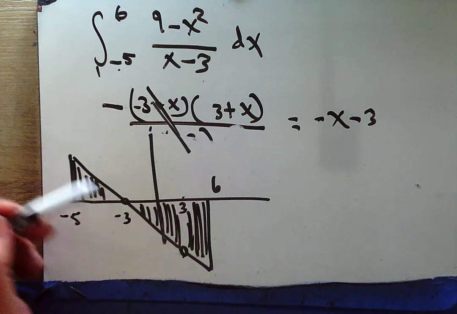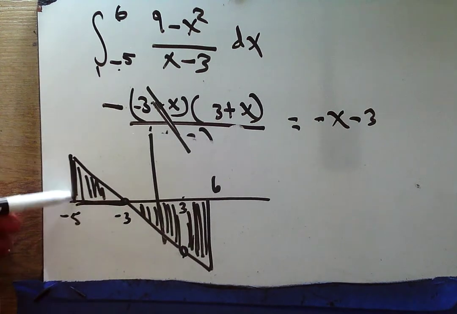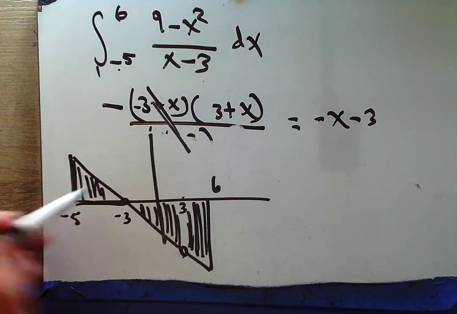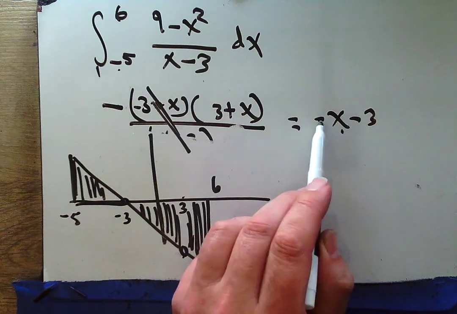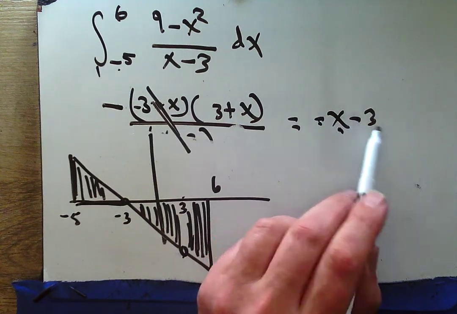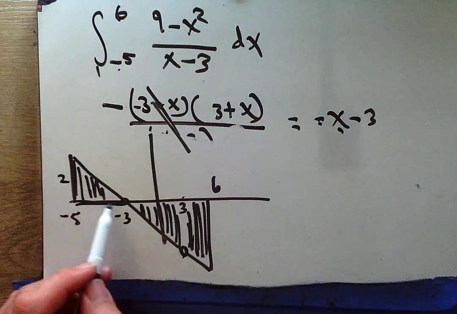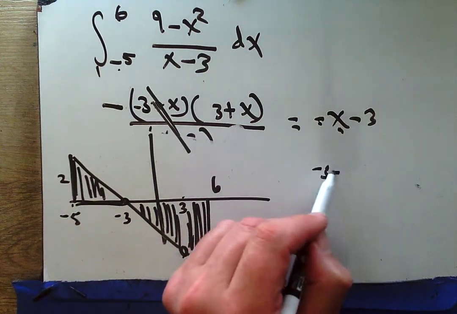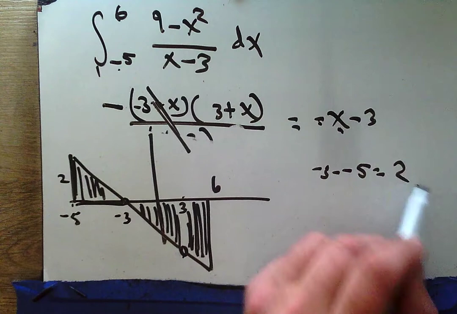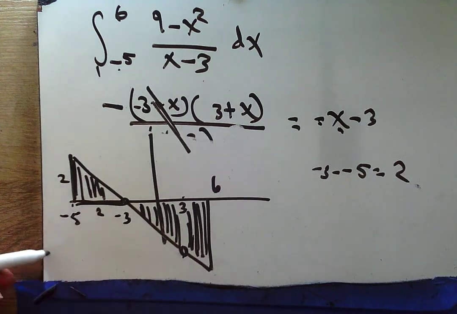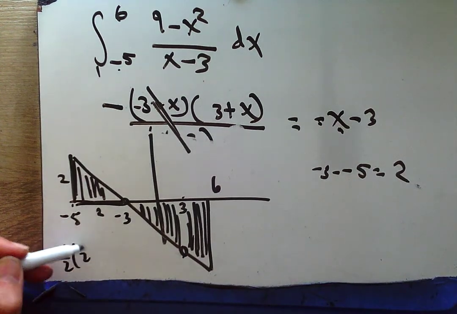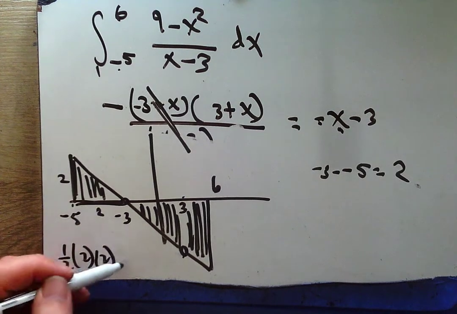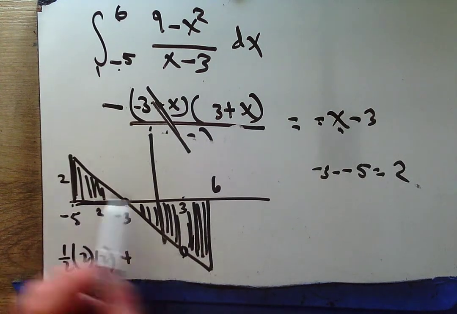But I do need to know how long this is, how long this is. If I plug a -5 into this function, minus 5 is +5 minus 3, or 2. And if I do big minus small, -3 minus 5, I also get +2. So that is going to be 1/2, 2 times 2. Plus, what about over here?